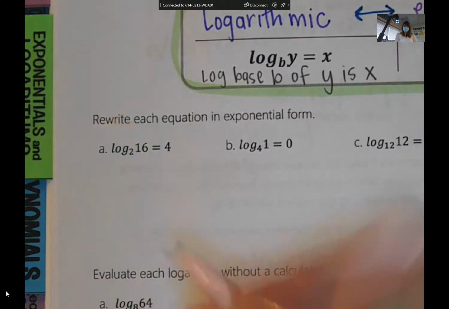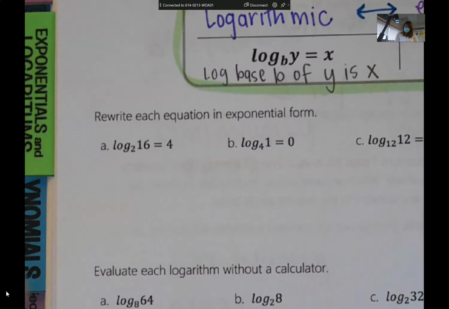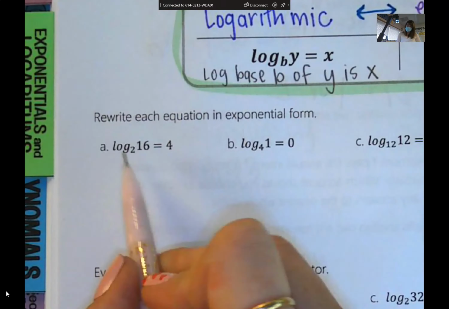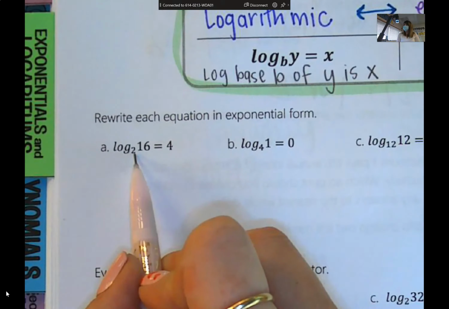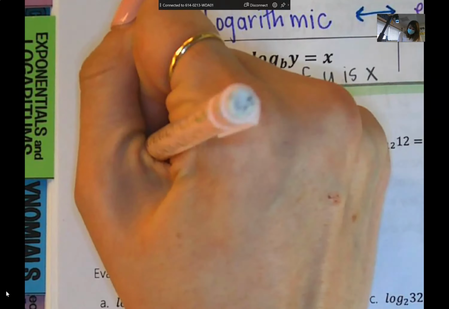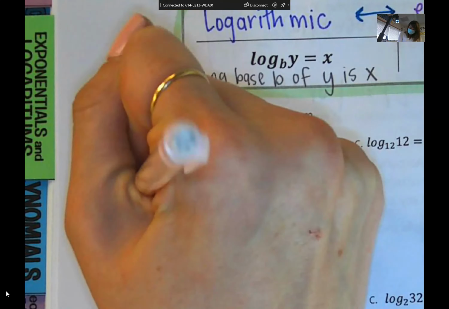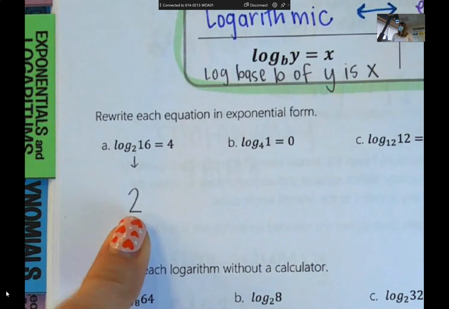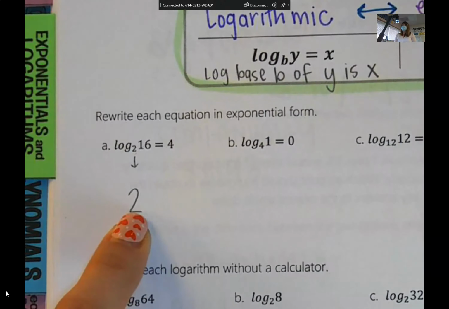So how do I rearrange it? Bring the 2 down, because remember this is log base 2. Bring that 2 down and make him a regular sized number. He's not a little number anymore. So bring him straight down, and that's the new base of your exponent.